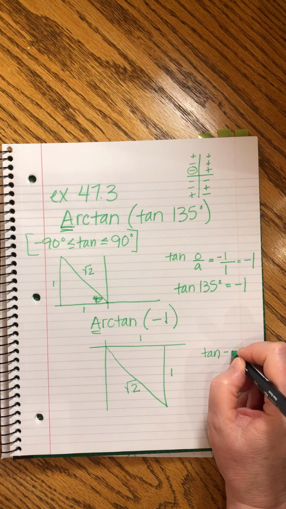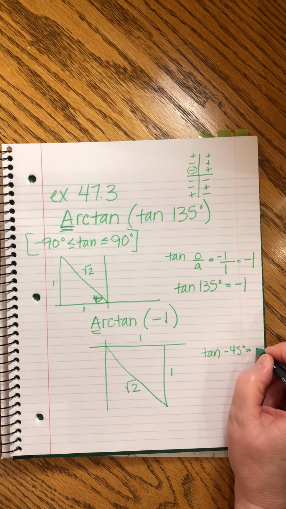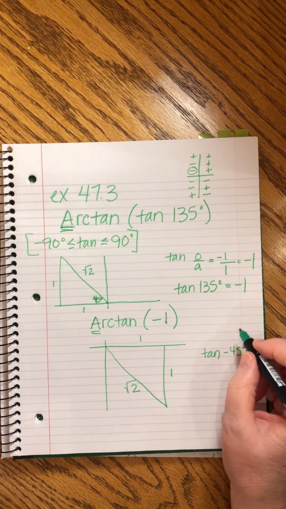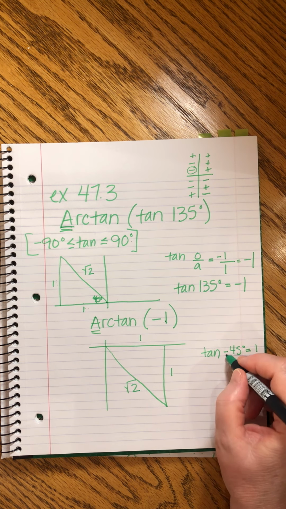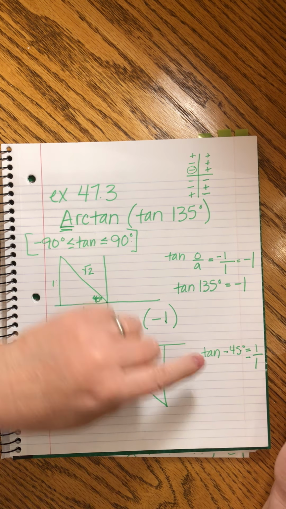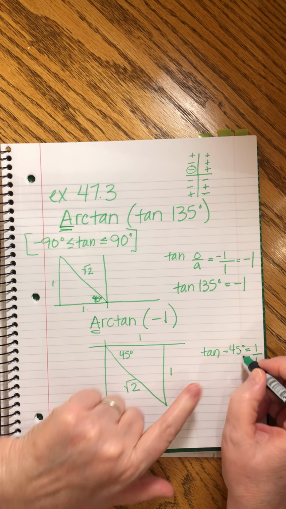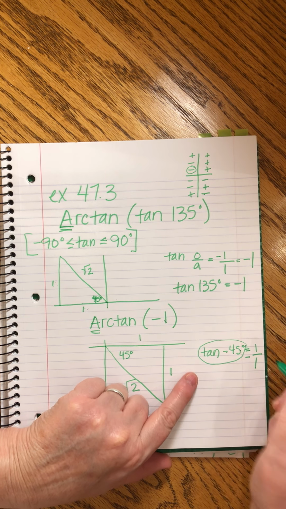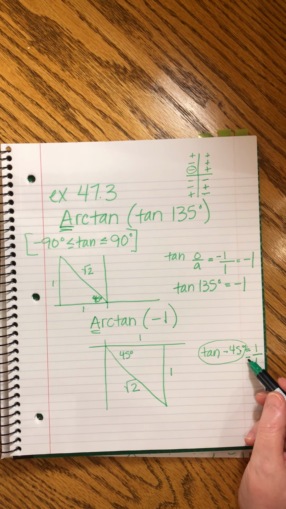Tangent of a minus 45 degree angle would be equal to 1 over, this would be a negative 1, right? Or you can look at it this way, it's a negative, right? So this tells us that this negative 45 degree angle will give us the decimal number that we're looking for.